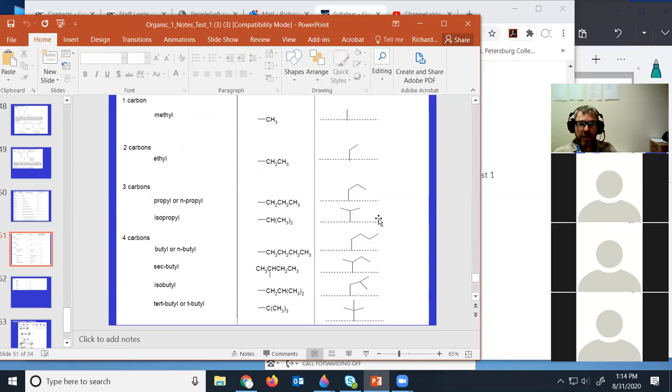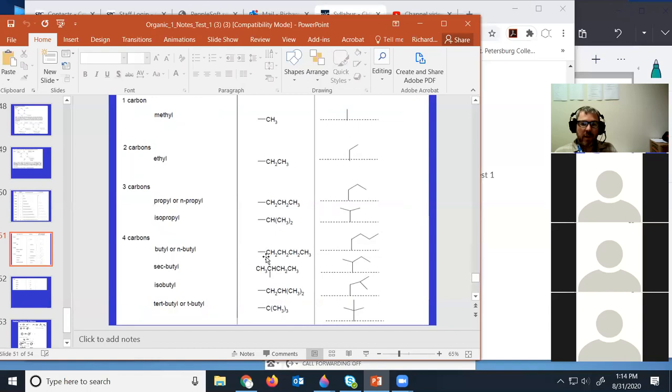So these line structures here are helpful, at least when you're learning, kind of like training wheels, just to show you what these things look like as line structures. When you've got something like propyl, with 3 carbons hanging off the end, that's called propyl or N-propyl. Isopropyl is hanging off the middle. It looks like a Y. So I remember it like Y-sopropyl because it looks like a Y. So butyl, there's 4 combinations for that.